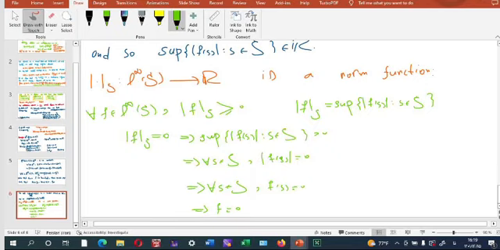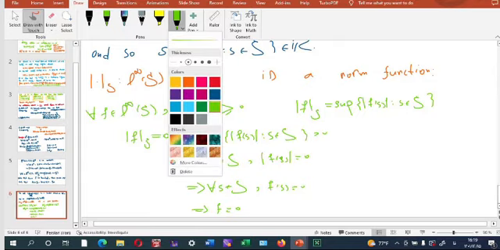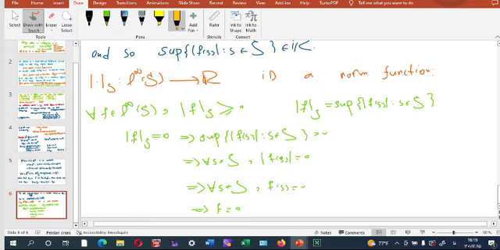and also we can consider the opposite. If f equal to 0, the norm of f equal to 0.